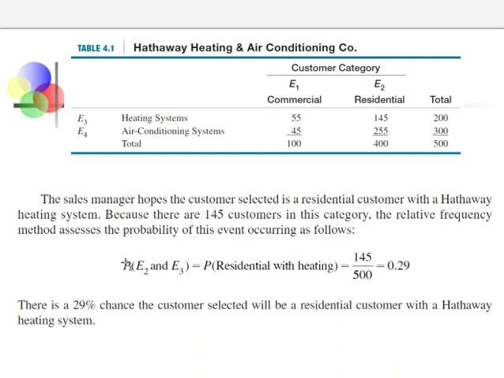The probability of E2 residential and E3 heating is 145 over 500, so equals 29%.